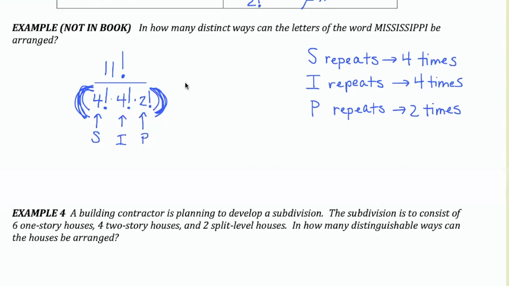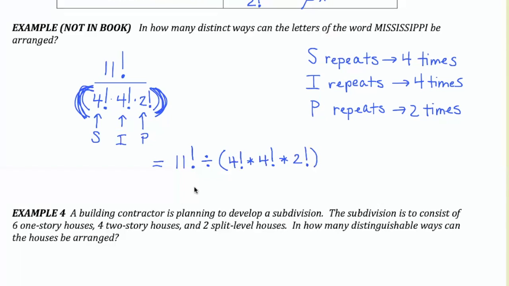So please be careful. And when you type it in on a single line display, it would look like 11, put in your factorial symbol, put in your division key, and then in parentheses, you're going to do 4 factorial, whatever your times key looks like, 4 factorial times 2 factorial.